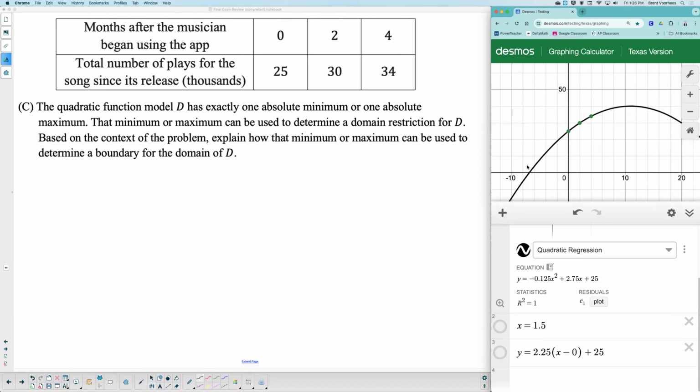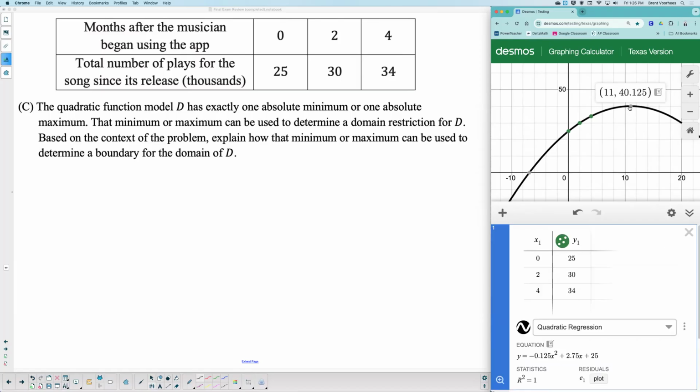I'm going to take off the AROC. What does this have? Maximum. It says that minimum or maximum can be used as a domain restriction. That right there is the domain restriction. The graph stops there. Based off that, it can determine a boundary for the domain of D. So it's saying this graph should stop right there. At what time does this stop?